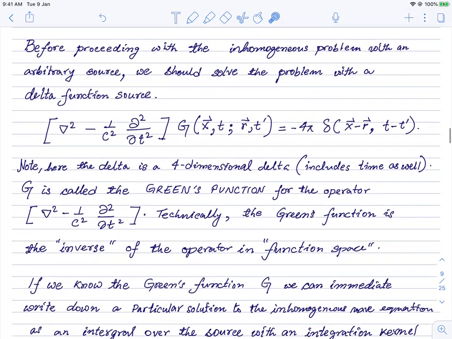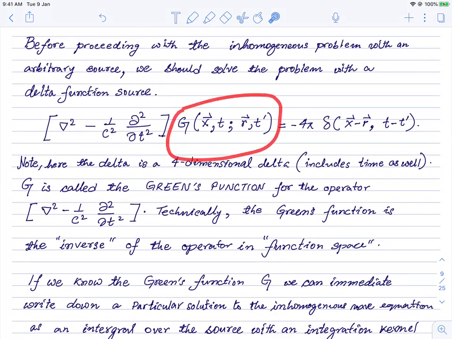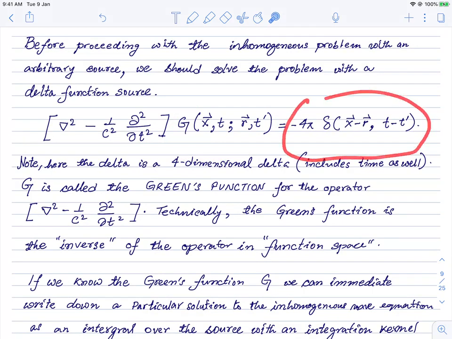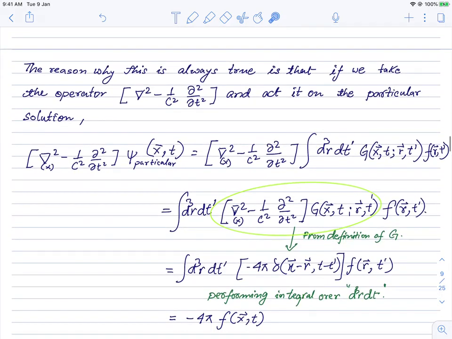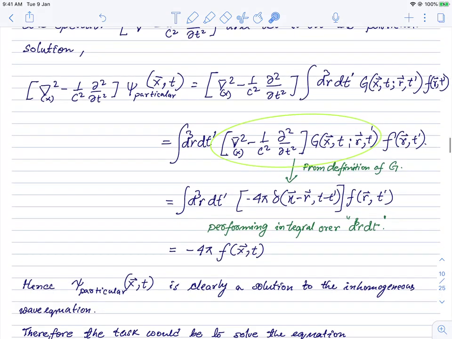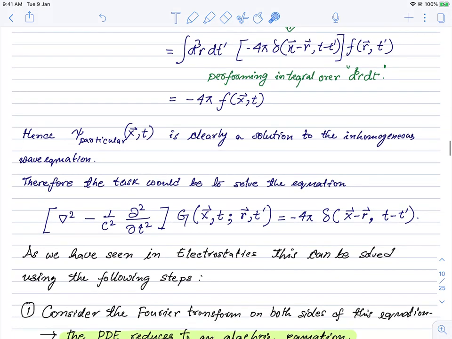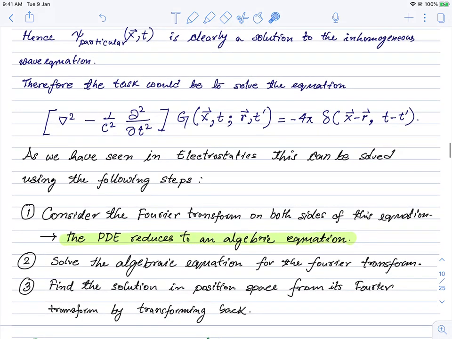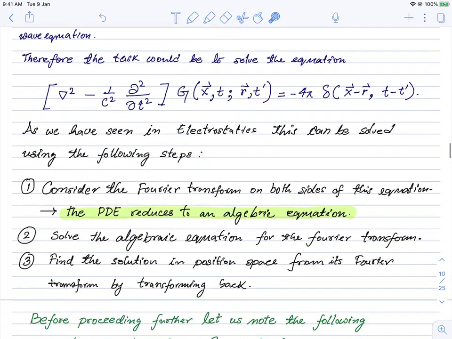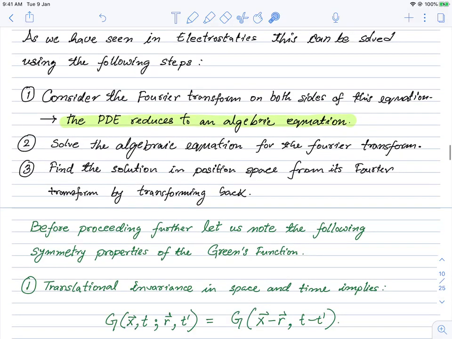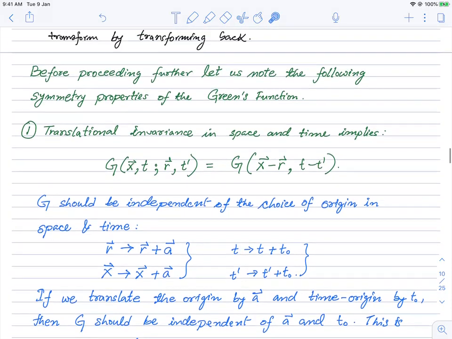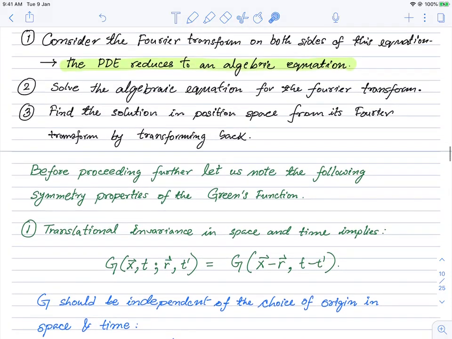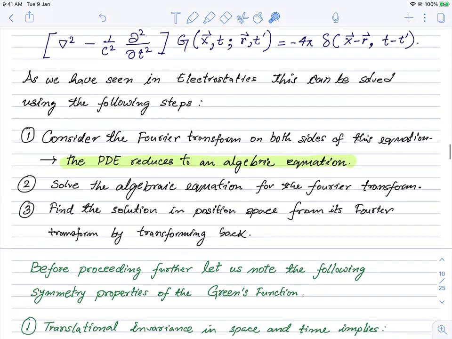So we are going to take this operator and find its inverse, the Green's function, and we want to solve this particular equation with the delta function present. The standard technique to do this is to take the Fourier transform, as we have seen for the Poisson equation. Here I have outlined the procedure.